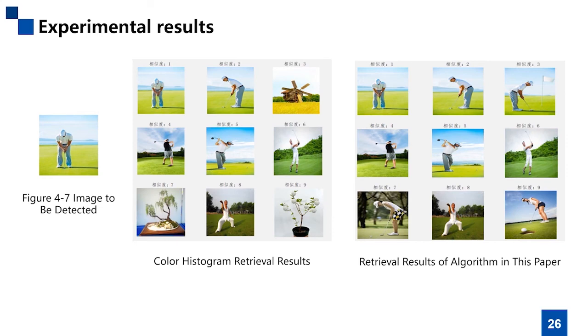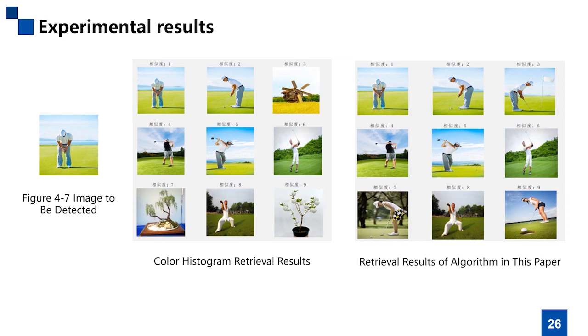Finally, the comprehensive library is tested. This experiment uses 5 types of libraries, including landscape architecture drawings, potted plant drawings, human activity drawings, fruit drawings, and animal drawings. There are 100 images for each category, a total of 500 images.